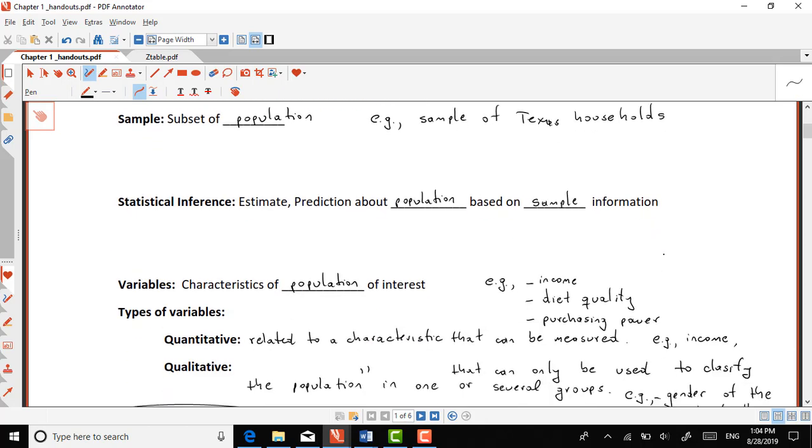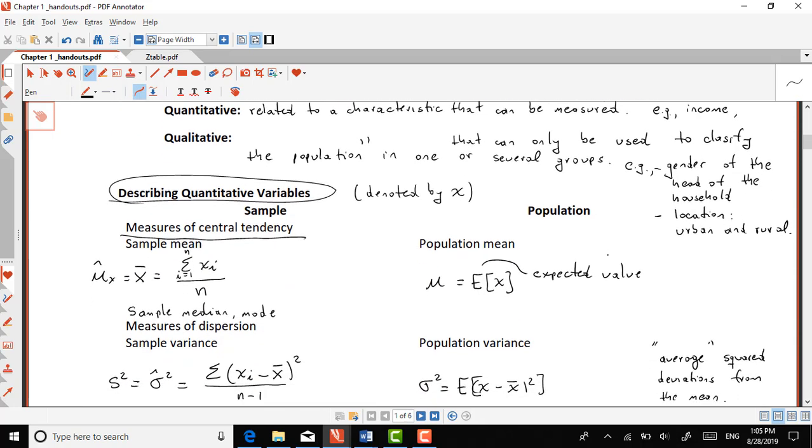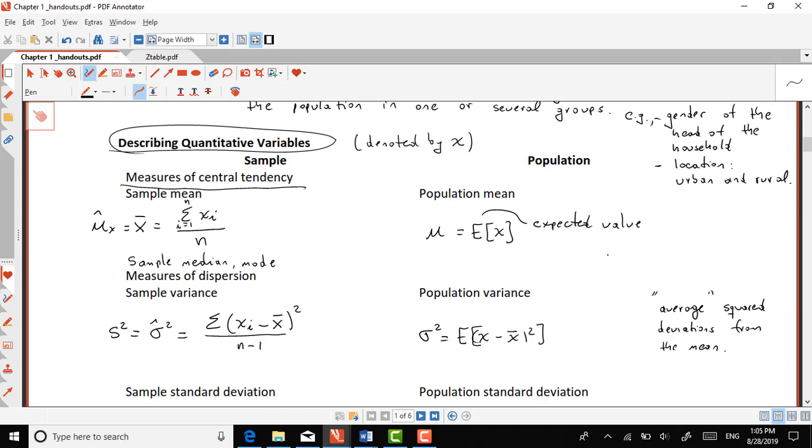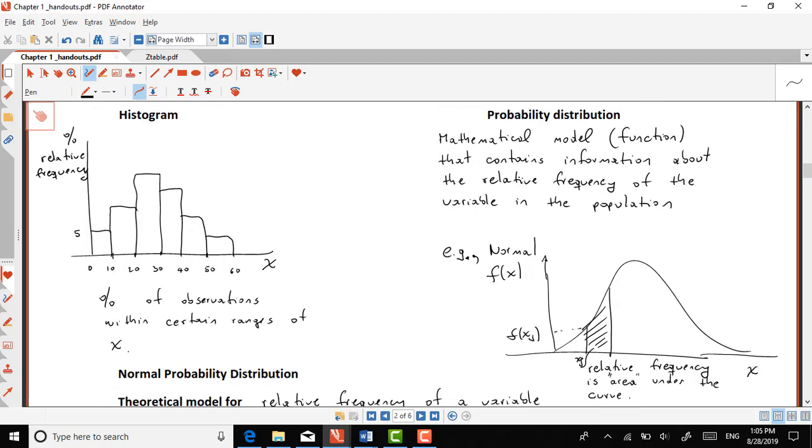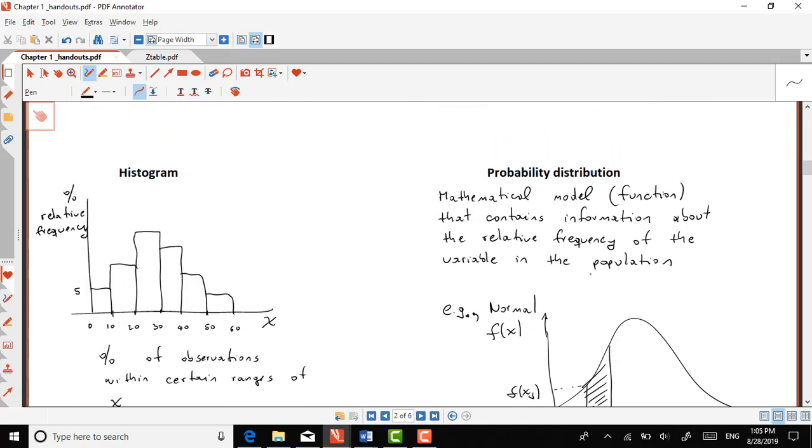And of course, the things that we want to know about the population are related to characteristics of that population, and the way that we measure those characteristics is using variables. Once we have that information about the variables, we have what we call statistics: the sample mean, the variance, the sample standard deviation, the histogram, etc., which are sample statistics.